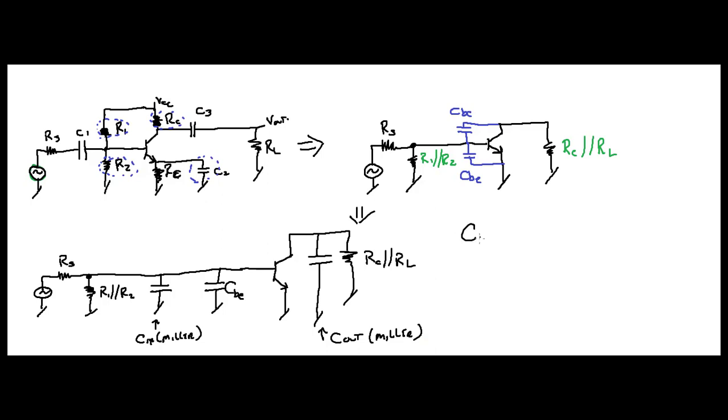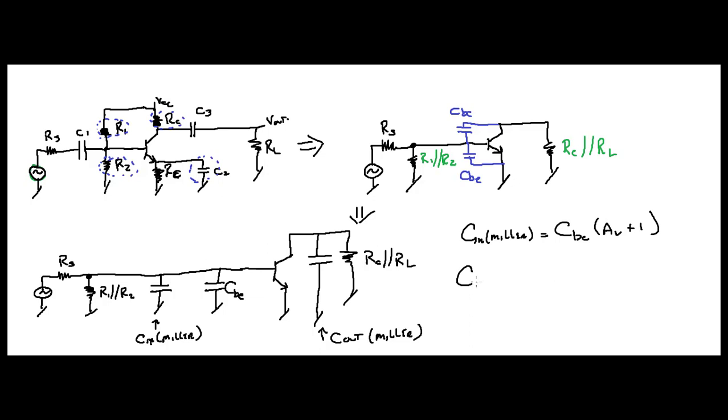Remember this one. C in Miller is going to equal the capacitance from your base collector, CBC, times AV plus 1, right? And this is your gain. I don't have to write that. You know what that is.